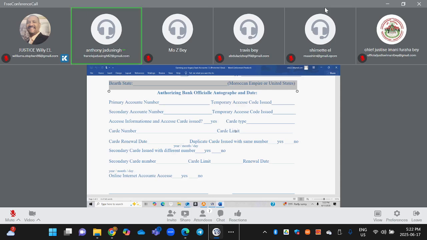I've done the paperwork on the lien, levy, and bond, but I haven't submitted it yet. But as far as this application goes, when I first opened the account, they gave me a card. The card has the card number, and I have the account number and the routing number.